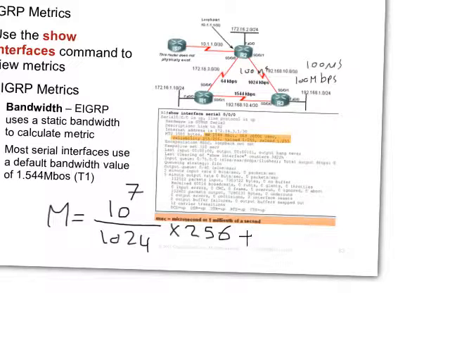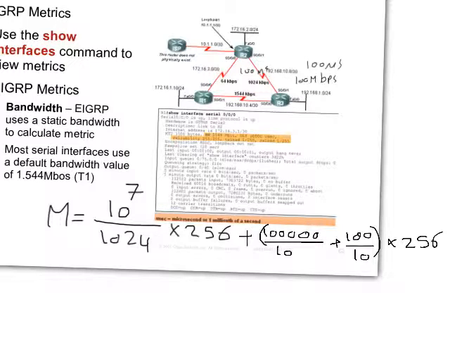So you get 100 microseconds and you divide that by 10, plus the other one, which is 100 microseconds, divided by 10. You get the summation of both, and then you multiply all of them by 256.